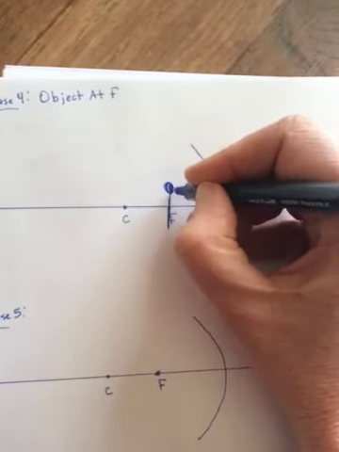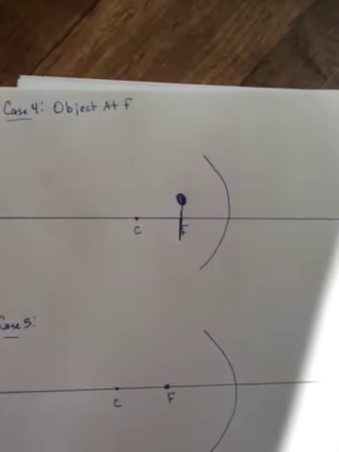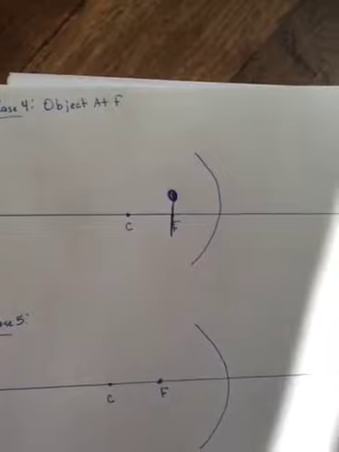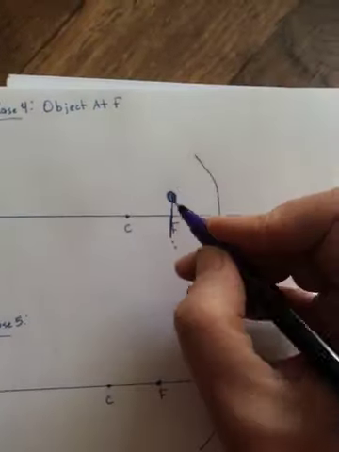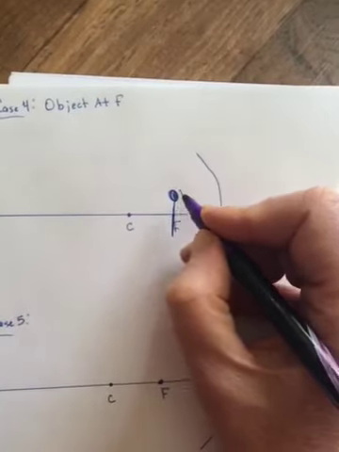So here's my object, it's at F. Now this time anything going in through F is going to be impossible. So we can't use the ray going in through F coming out parallel. Okay?